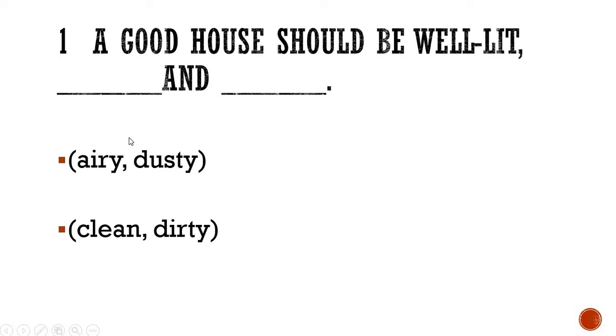For the first blank, please select the option and write it down, whether it should be airy or dusty. The options are airy and dusty. Please write it down in answer 1. Then you can modify when I show you the correct answer, but first you just try to write it down. And it is very simple. Is the correct option airy or dusty?